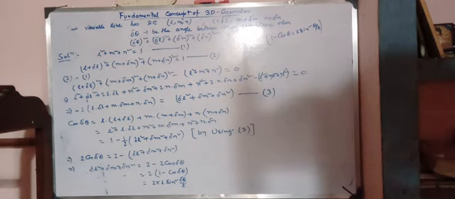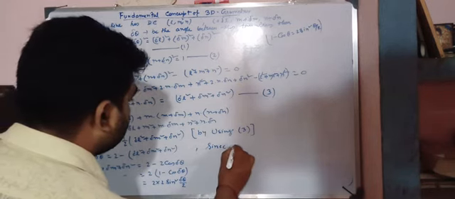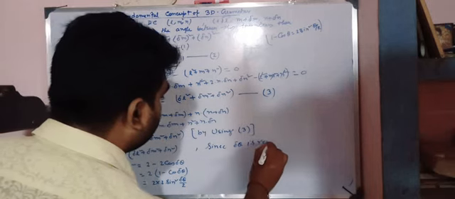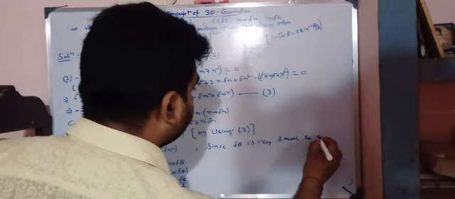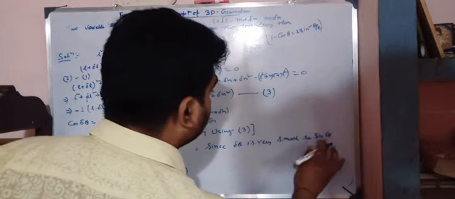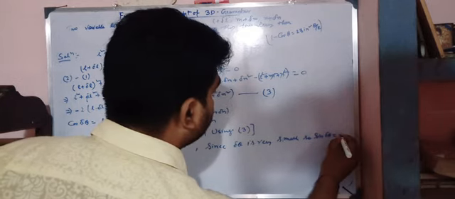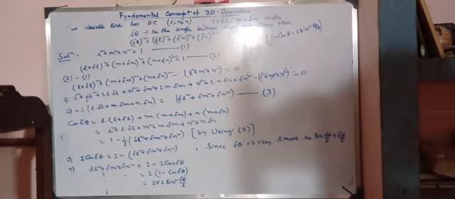Now since delta theta is very small, sine of delta theta by 2 can be written as only delta theta by 2. Understood that?